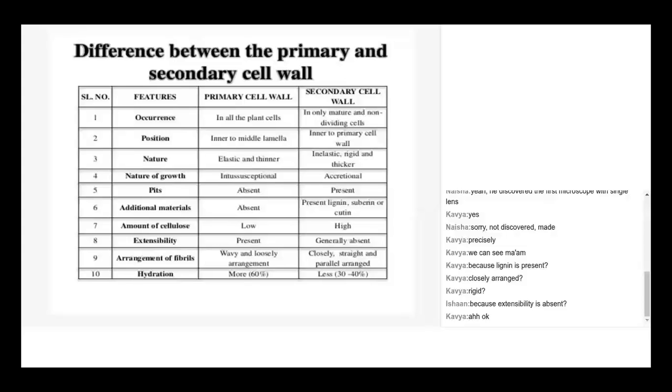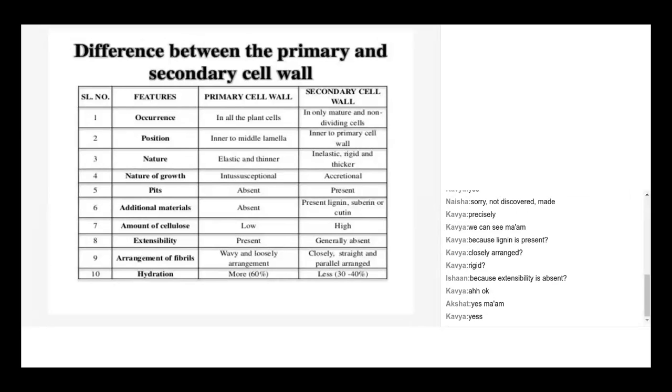See, if the secondary cell wall is totally not permeable to anything from outside the cell, then the cell may die, isn't it? So there should be some gaps if part of the cell wall is not permeable to all materials. So some gaps are there only in the secondary cell wall due to its impermeable nature to the substances getting into the cell. That's why we'll find pits. Am I clear with that point?